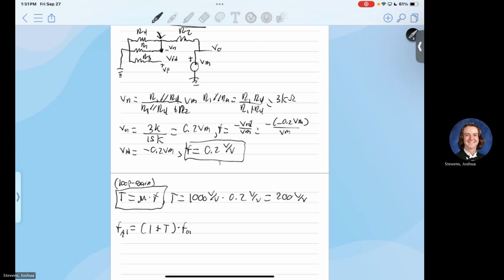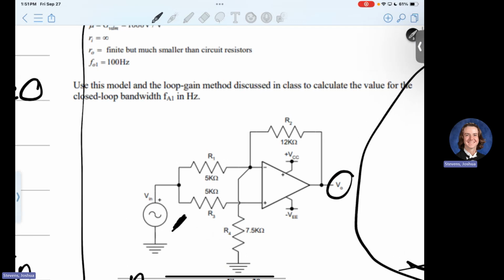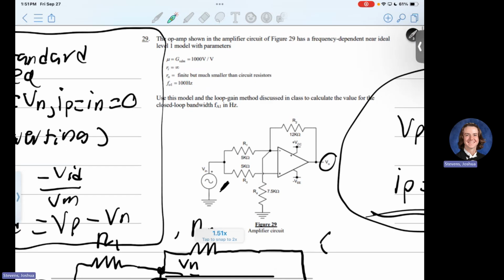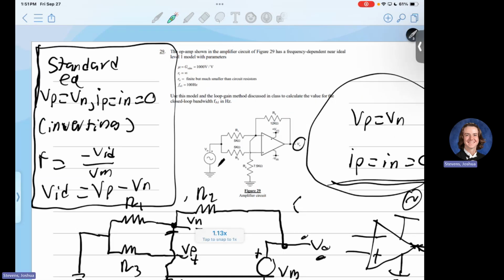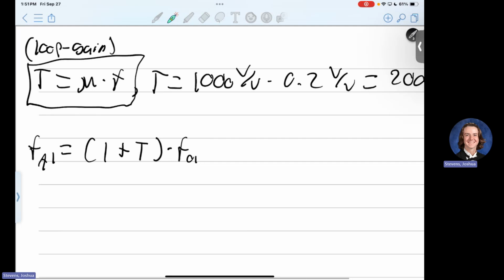FA1 is the parameter here that we're literally looking for. Closed loop bandwidth. Yes, thank you. The closed loop bandwidth is equal to 1 plus loop gain times the open loop frequency.